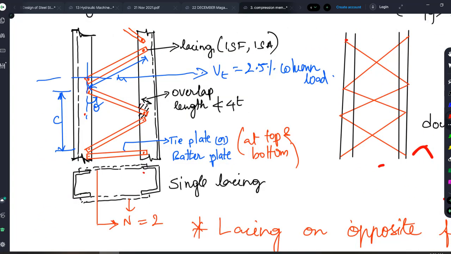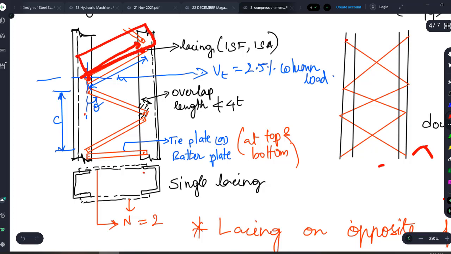What will be the length of your lacing from bolt to bolt? This length. Your lacing can be like this also, but this will not be the length of the lacing. Wherever the bolts are, this distance in between, that only I will be considering as my length of lacing. That's the first point.